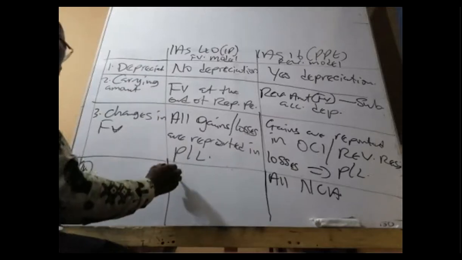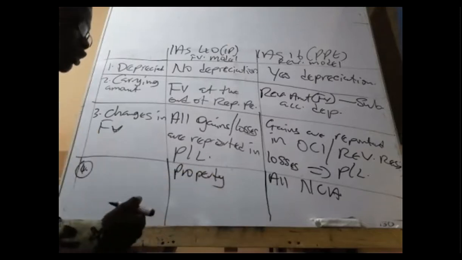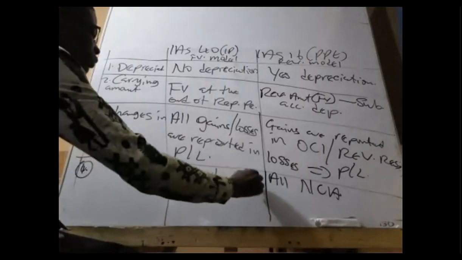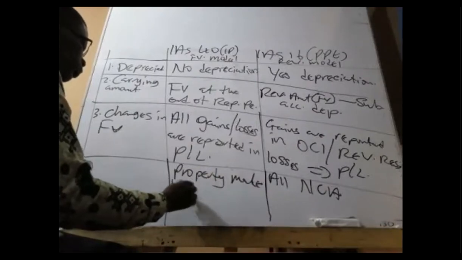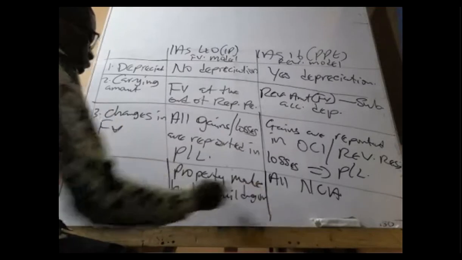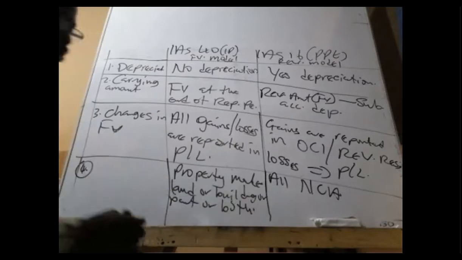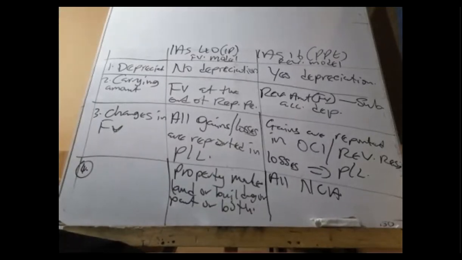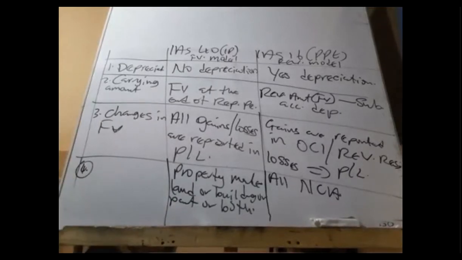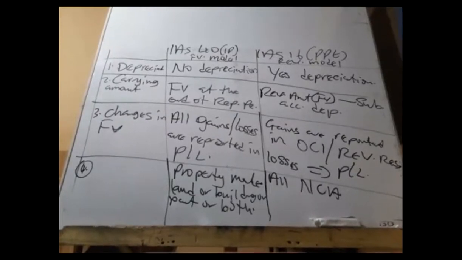Only property, made up of land or building, or parts, or both. So not every non-current asset can be used as investment property. If you are renting your office tables and office chairs to some company, please don't classify them as investment property. They are not land, they are not building.